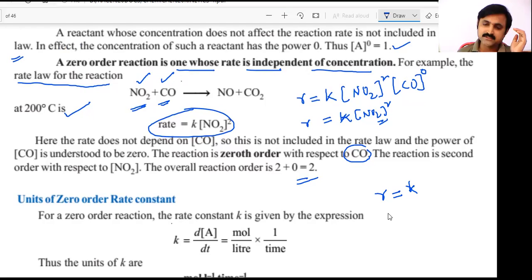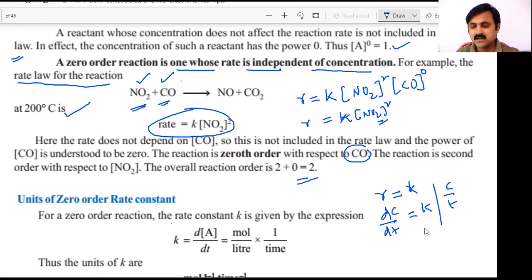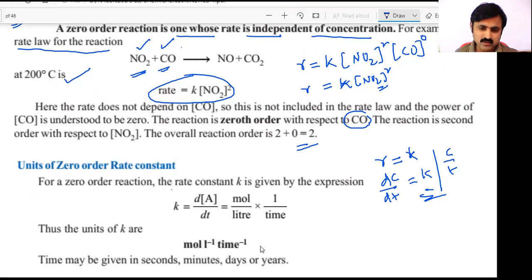As you know, rate is d by dt of concentration of reactant. Concentration is moles per liter and time is seconds, so we can write the units as moles per liter per second. So units will be moles per liter per time interval, that is seconds, minutes, days, years, like that you can consider it.